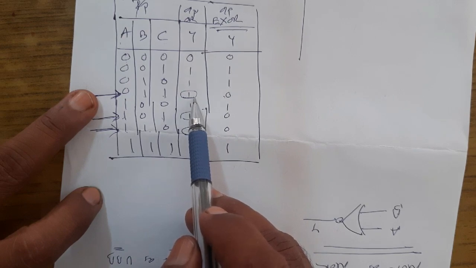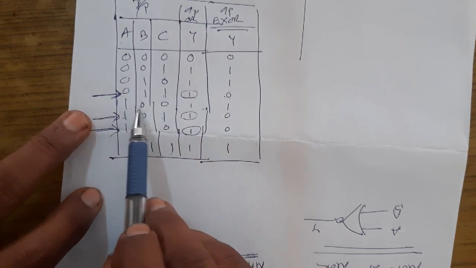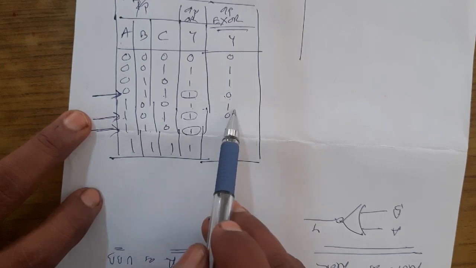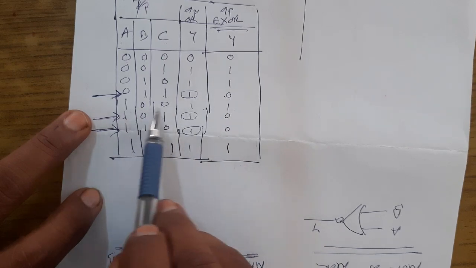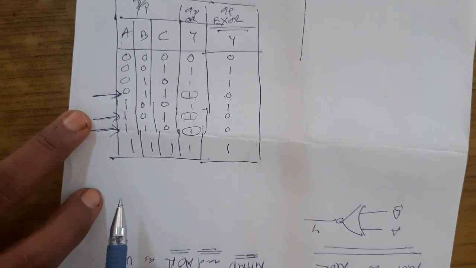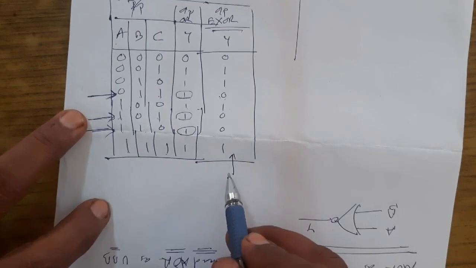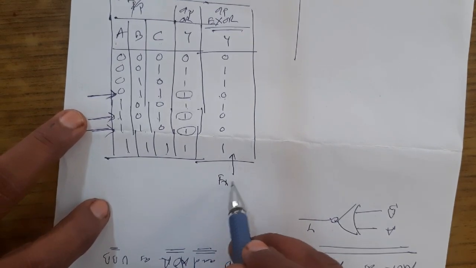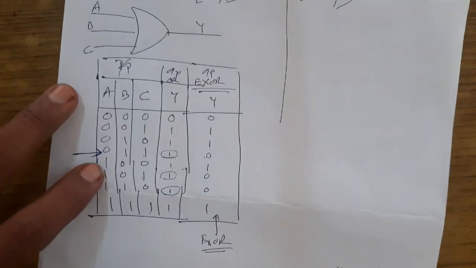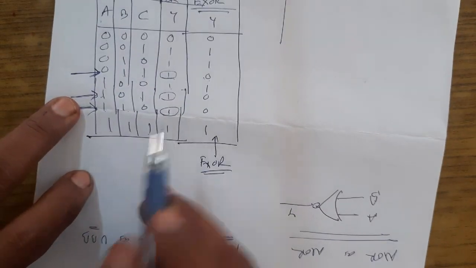The cases for which an even number of inputs are 1. Here 2 inputs are 1, so exclude this. For 1, 0, 0 it is 1, it remains as it is, because an odd number of inputs are 1. This is the expression, or truth table, for the EXOR gate, XOR gate. This is the symbolic representation, and this is the truth table.